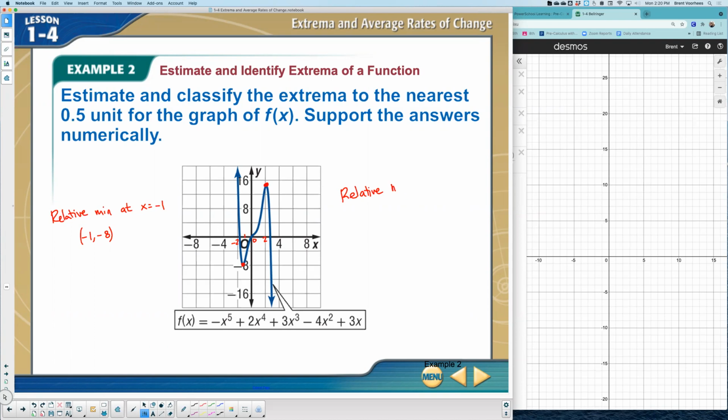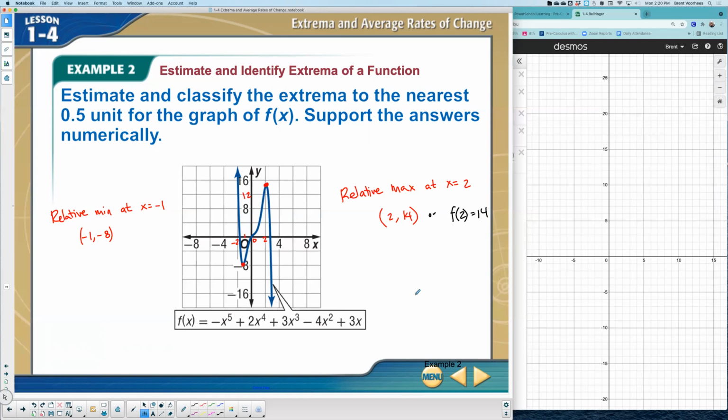A relative maximum at, again, if you label just by x values, you'd say at x equals 2, or you could use the point (2, ?). The y-axis seems to be counting by 4s. What's in between 12 and 16? 14. You can list it this way, or in function notation, f of 2 equals 14. You could say that's a relative max.